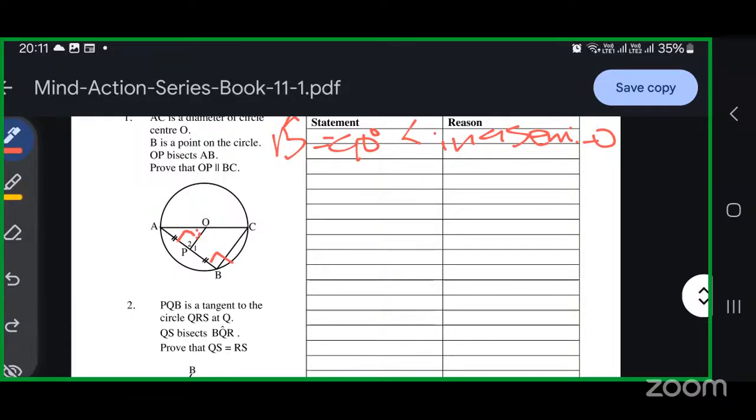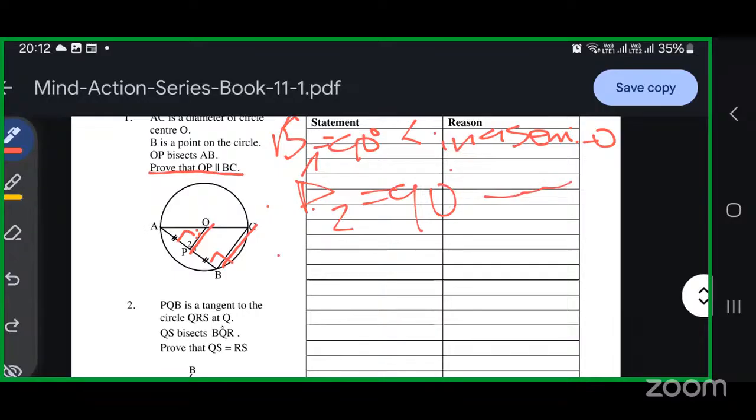Now, we are required to prove that OP is parallel to BC. How do you think we are going to prove that this line OP is parallel to the line BC? We're just going to say angle P2 is equal to angle B. Corresponding. Yes. Now you can say, therefore, after we said angle P2 is equal to 90 degrees, then you state theorem one.